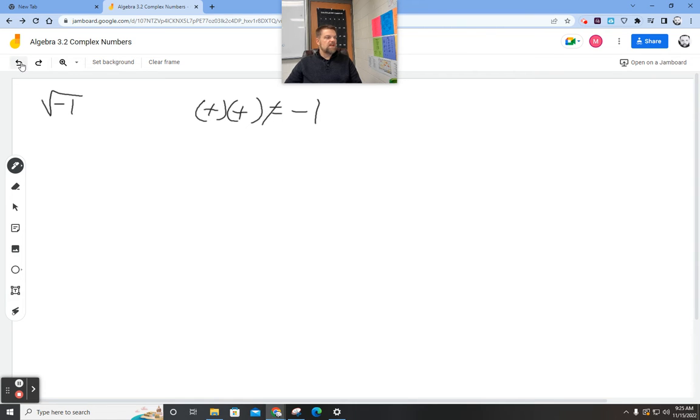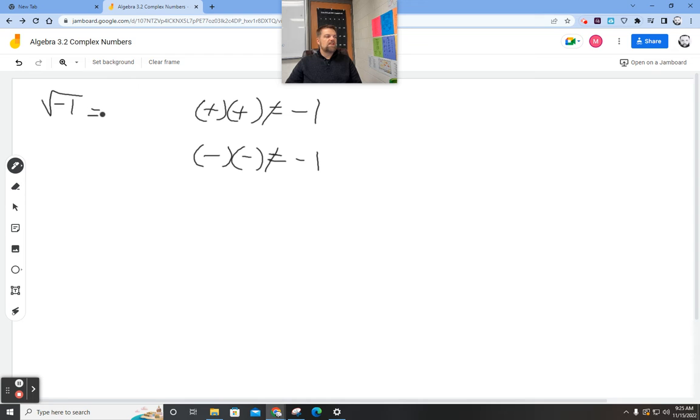If I have a negative number and I multiply it by itself, it will not equal -1. So there isn't a real number that, when I square it, equals -1. So this doesn't exist. I can't take the square root of -1.